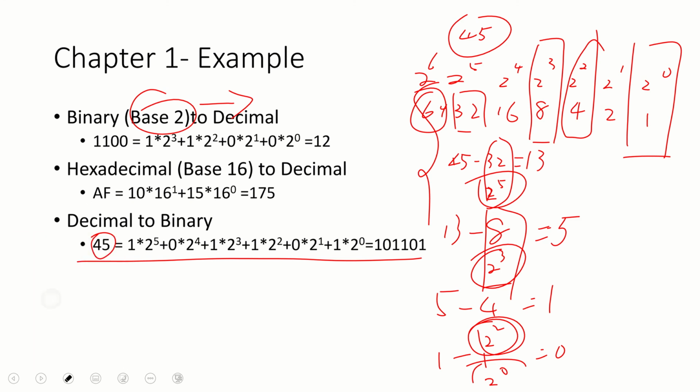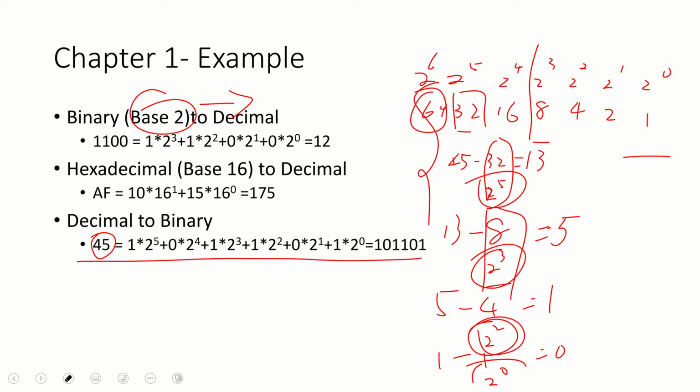Once you got those, what you need to do is mark them down. For 2 to the power of 5, it is 1, 2 to the power of 3 is 1, 2 to the power of 2 is 1, and 2 to the power of 0 is 1.